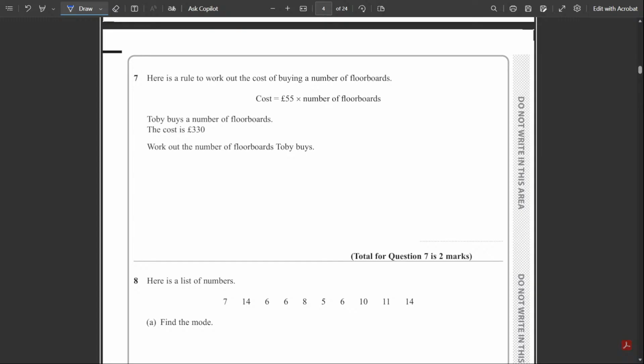So if you do 330 divided by 55, you get 6 floorboards. We're doing 330, the total cost, divided by the cost of one, which is 55. Again, it's a calculator paper, so you can use your calculator to work that out really quickly.